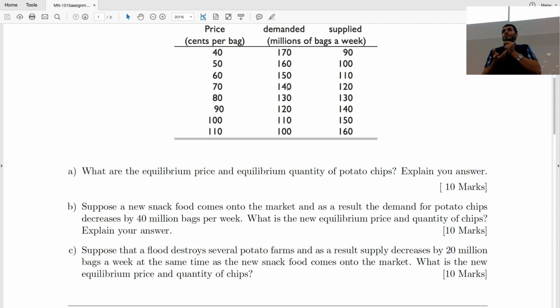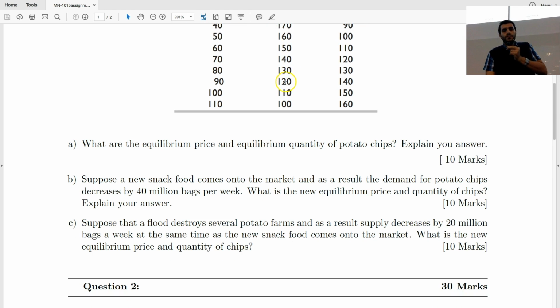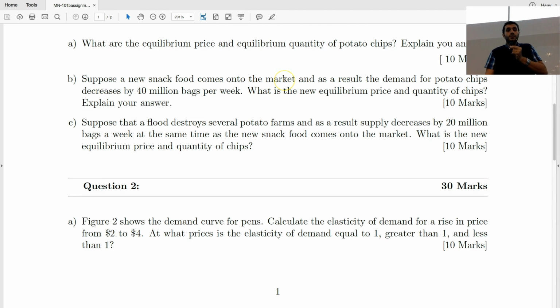The same thing with the second question. So if you do A and you understand how any change here will affect the demand curve and the supply curve, then it's very easy to find the new equilibrium point.